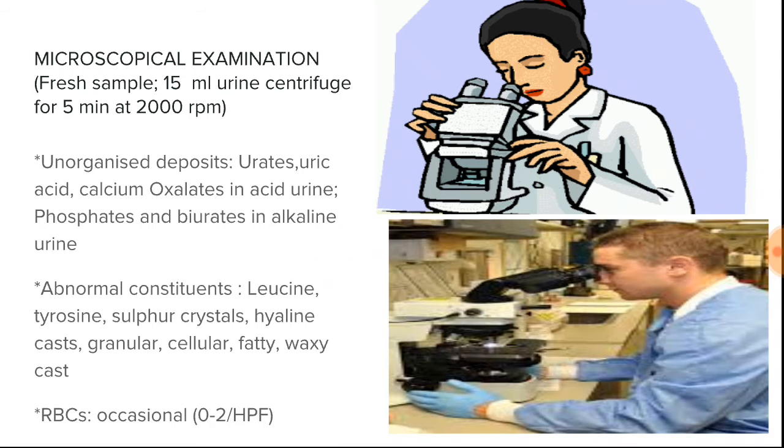Unorganized deposits in the urine sample are urates, uric acid, and calcium oxalates in acid urine, and phosphates and biurates in alkaline urine. Abnormal constituents are leucine, tyrosine, sulfur crystals, hyaline cast, granular cast, cellular cast, fatty cast, waxy cast, etc. RBCs are occasional, in very small amounts.